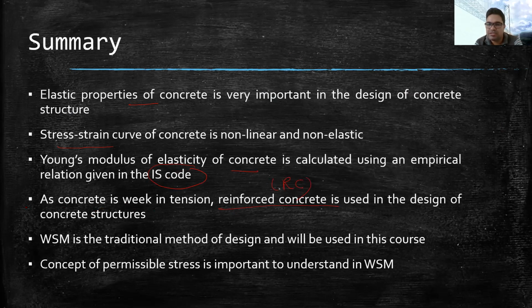So reinforced concrete is used in the design of concrete structures. And in this course, we are going to use WSM, which is the working stress method, the traditional method of design. We have seen the concept of permissible stress that is followed in this method, and how we determine the value of permissible stress using the strength of material. So that was a summary of this lecture.